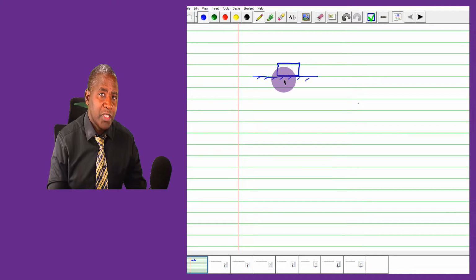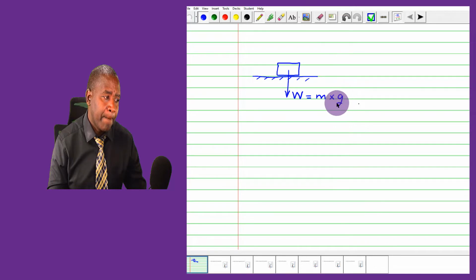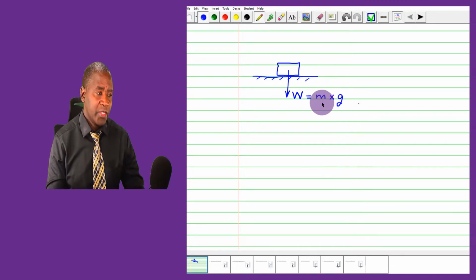One of the forces that this object exerts on the surface vertically downwards is its own weight, given by W, and it is related to the mass of the object by this expression here.